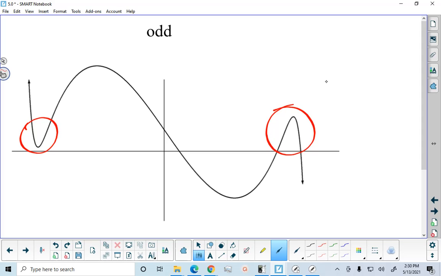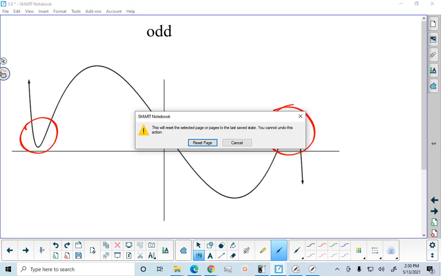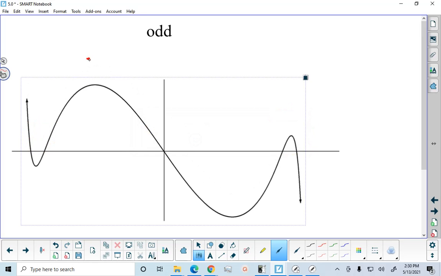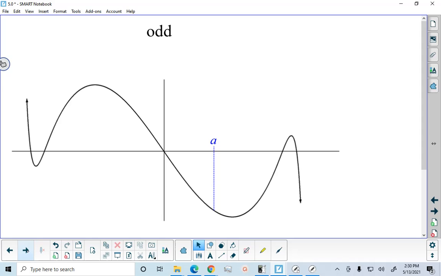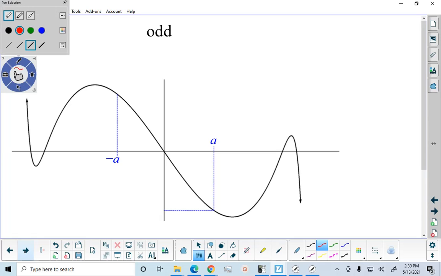Now let's talk about the function notation. If I were to take a point, an x-coordinate called A, and I look at the y-coordinate at that point, the y-coordinate has some value, and that value again is f of A. If I look now at the negative of A, I want to make sure you get this because it's important for the visual: this distance here and this distance here are equal.